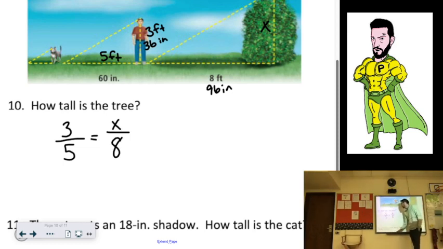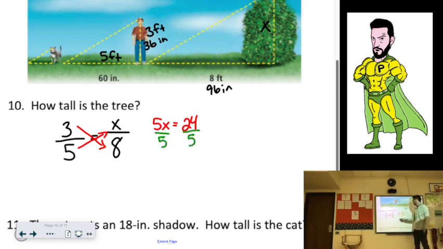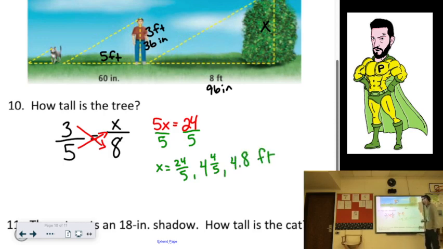But if we were to cross multiply here, 5 times x is 5x, equals 3 times 8 is 24, and then you just got to divide by the 5. So you get 24 fifths, or 5 goes into 24 4 times, and that would leave us with 4 fifths left over, or in decimal form, that would be 4.8. These are all feet. Those are all options here.